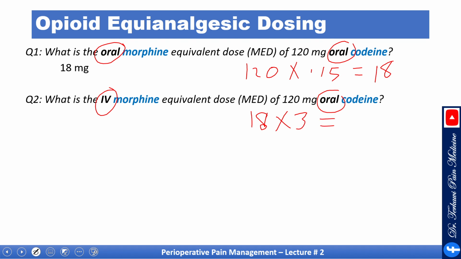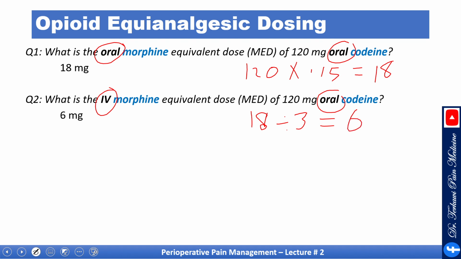I'm sorry, we are changing from oral to IV. So apologize, this needs to be division. So divide by 3, and that's equal to 6.